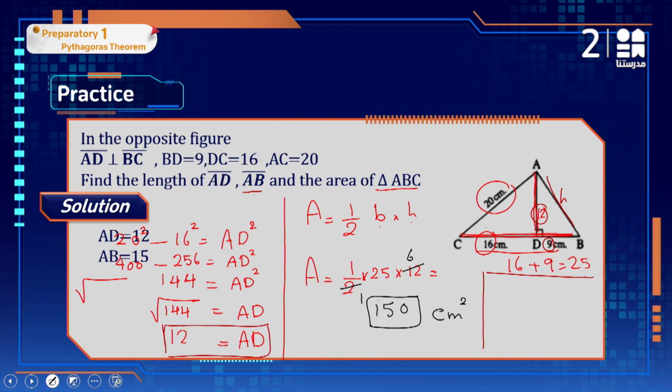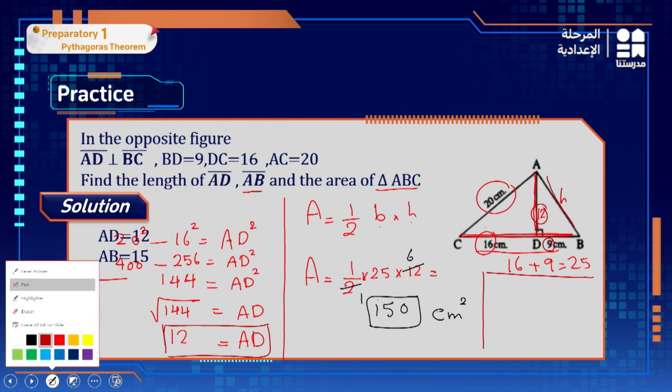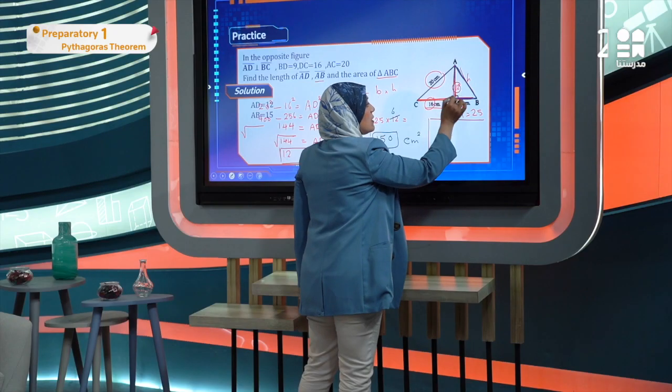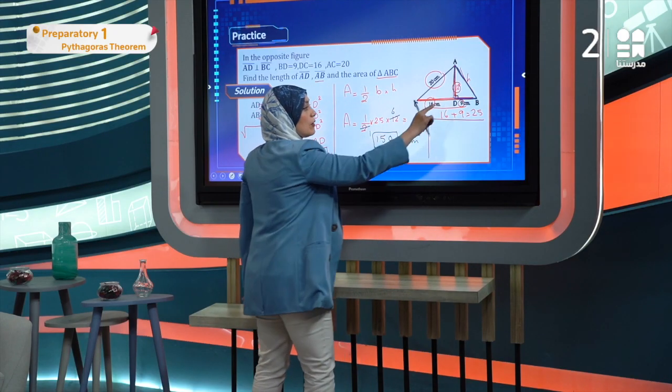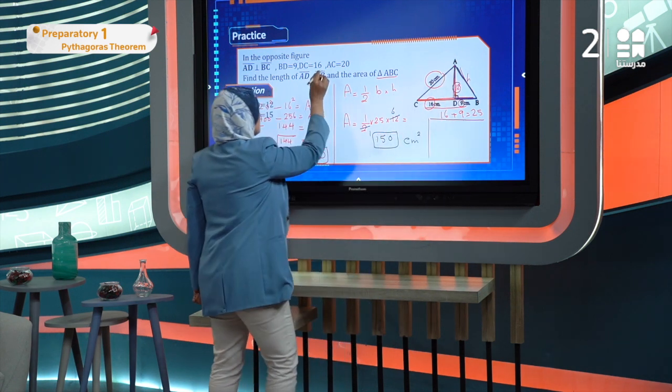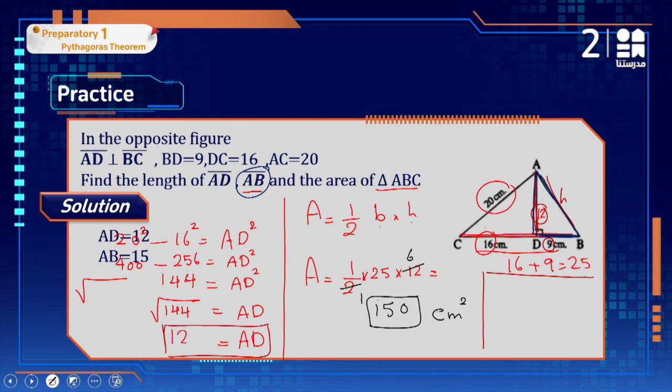So let me make it with black. We are talking about this triangle, which is A, B, D, and it is right angled at D. So to get AB, we need to use the Pythagorean theorem. So AB squared equals 12 squared plus 9 squared.